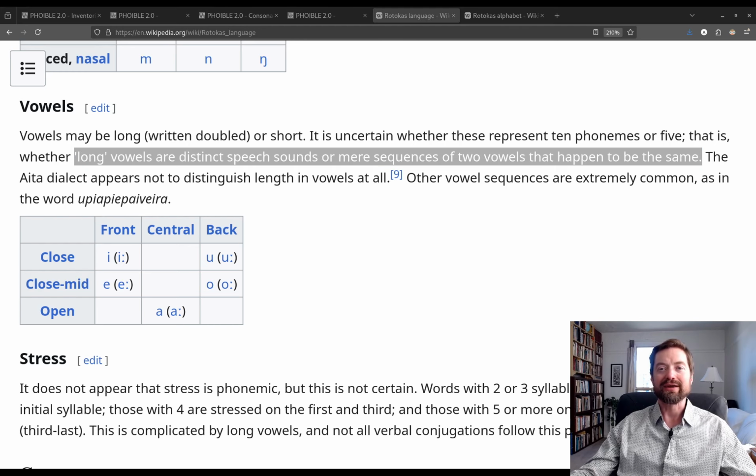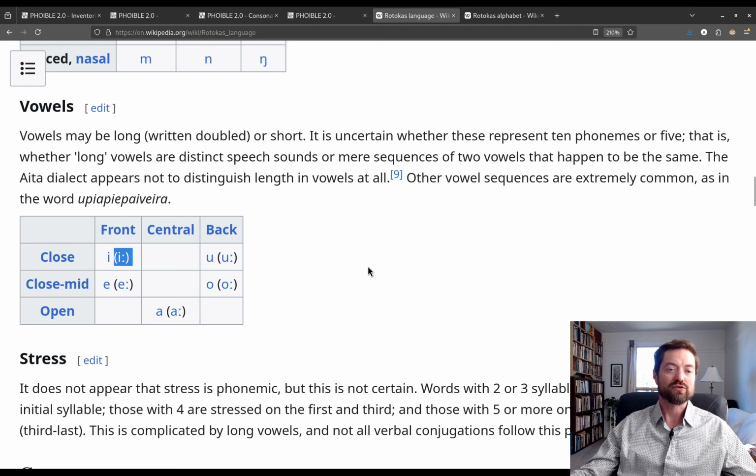How's that for an academic argument, or some kind of obscure theory to argue about? Is this a long E, or is it just 2 short Es that are together? So do you actually treat this long E as a separate sound, or is it just E plus E, your regular short vowels, 2 of them put together?